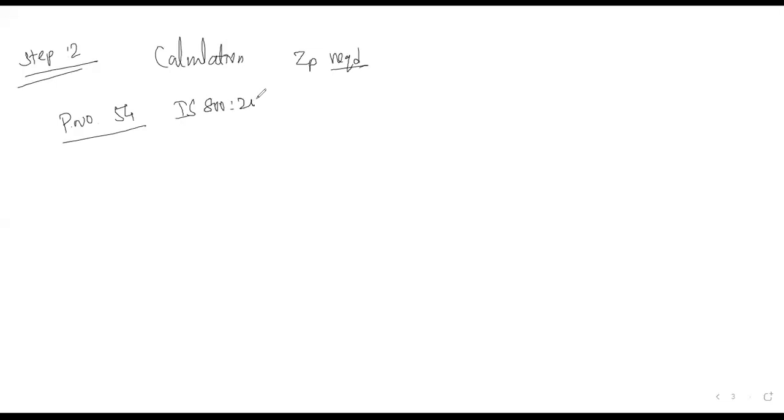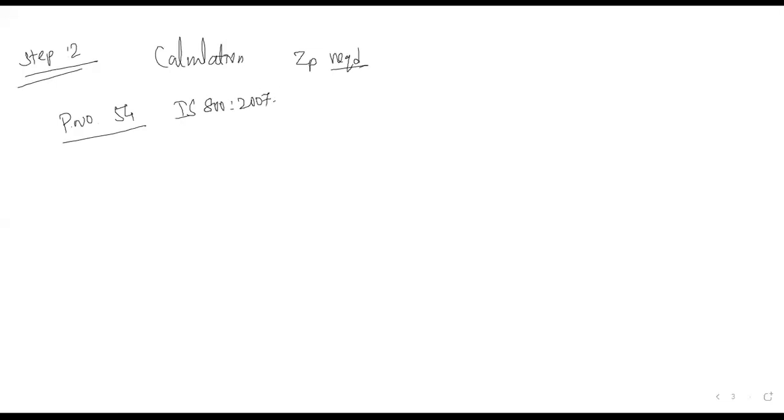Step 2, that is calculation of section modulus required. For that we have to see the formula from page number 54 of IS 800 2007.